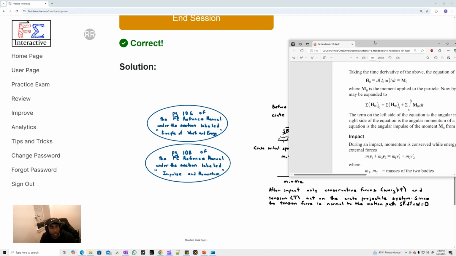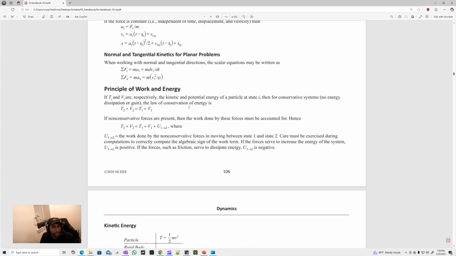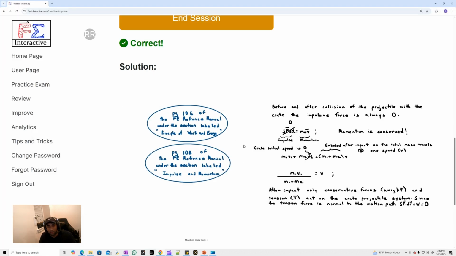Okay, so that's where we got the conservation of momentum. Let's look at the work energy as well. On page 106, we see that this is how work energy looks, where we have the potential energy at point 1 plus the kinetic energy at point 1, which is just the mechanical energy. That's equal to the mechanical energy at point 2 if there's no work done by non-conservative forces, which was like the tension. So let's quickly go ahead and go over this solution.